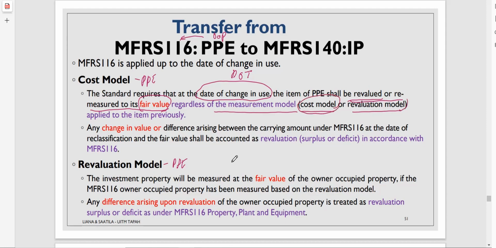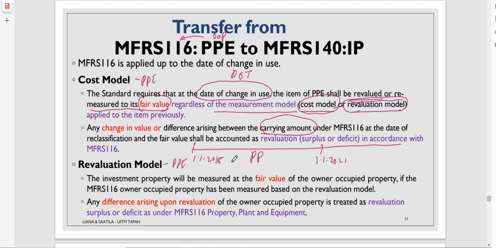For the revaluation model, there is no problem because of course the revaluation surplus will have come into the picture. So any change in the fair value arises against the carrying amount under MFRS 116. So what is the carrying amount when it is still an item of PPE? Let's say you have it here, 1st of January 2018, and here is 1st of January 2021.